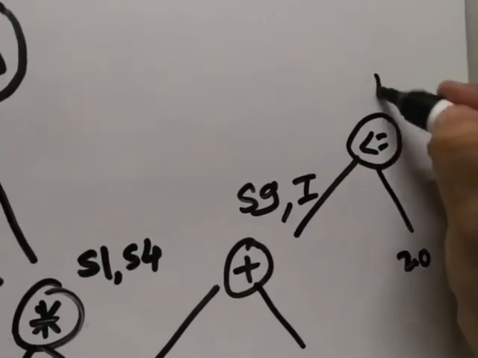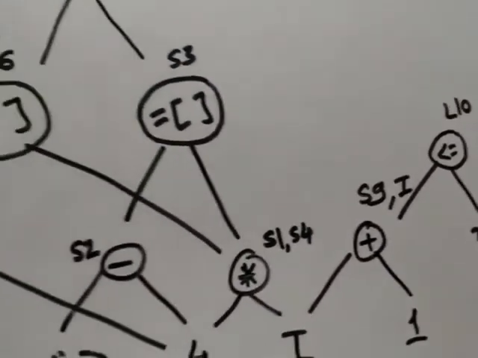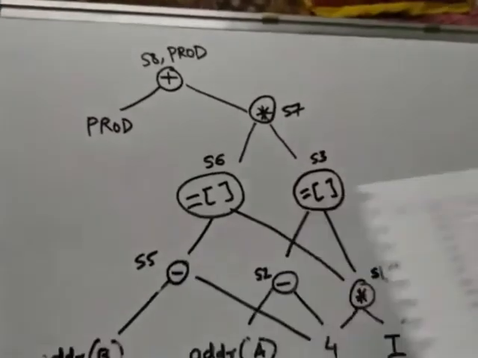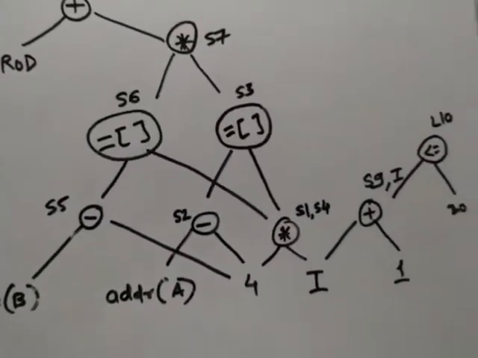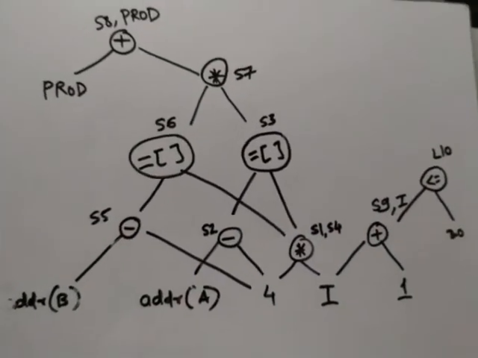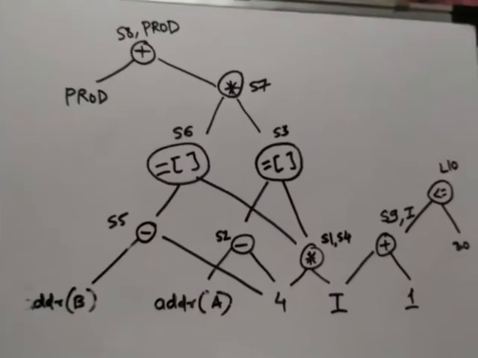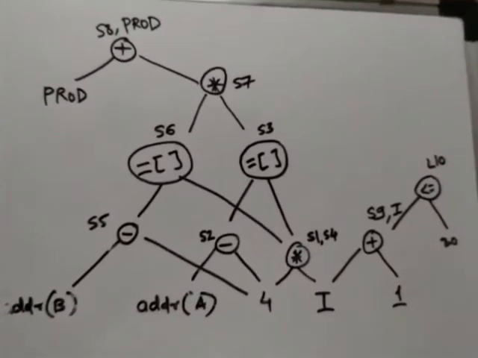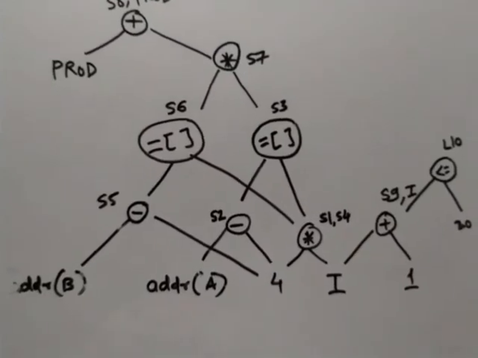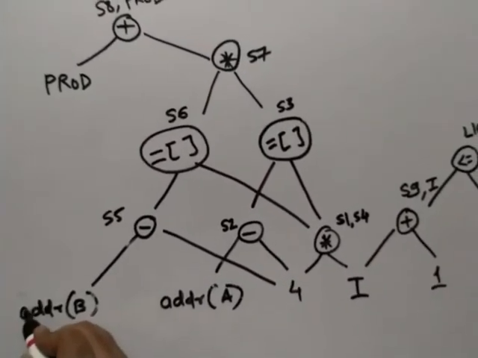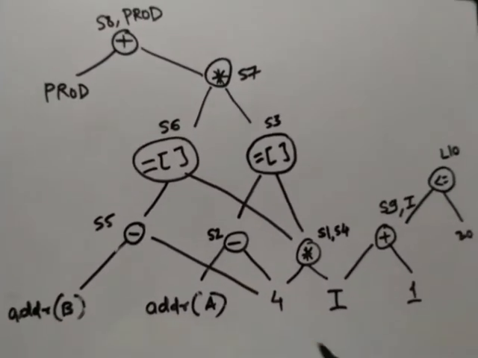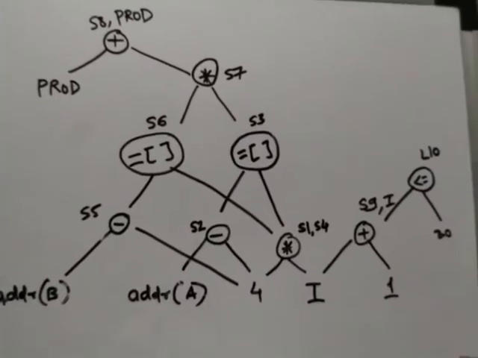If it is so, it will be called L10. So in this way, all the given statements are denoted with the help of a DAG. This is the final DAG. Take a look at it. This is the address, basically the address of B. So this is the final DAG we have drawn.